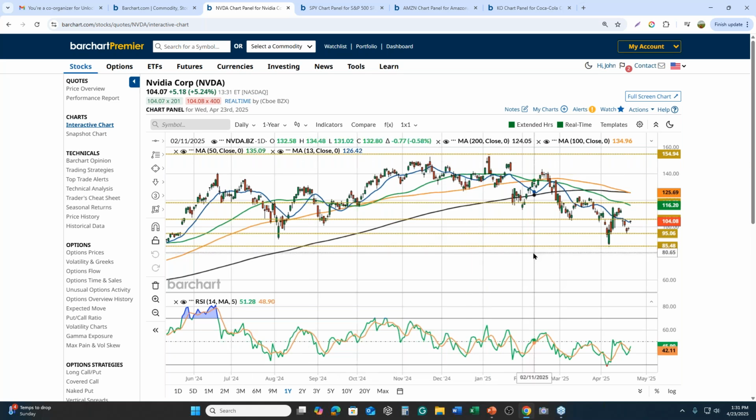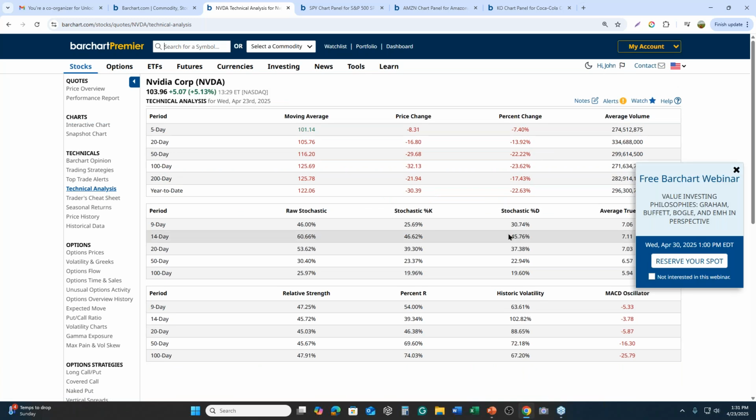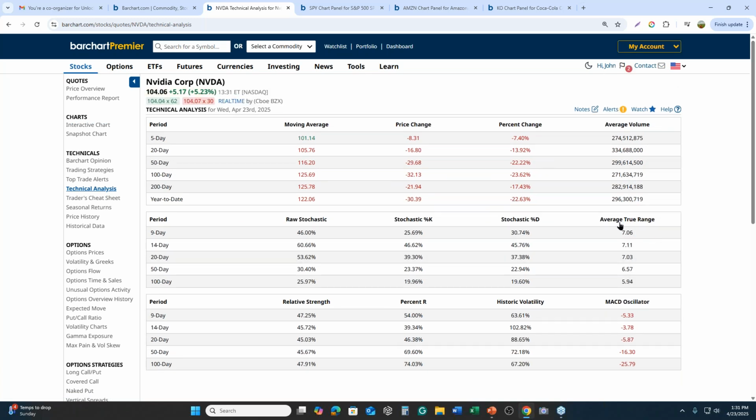Now, before I go down to a lower time frame, what I want to show you is up here under technical analysis. If I open that up, you can see where you can find the average true range. Now, we offer a lot of different average true ranges, and folks are going to ask which one is the better one to use.